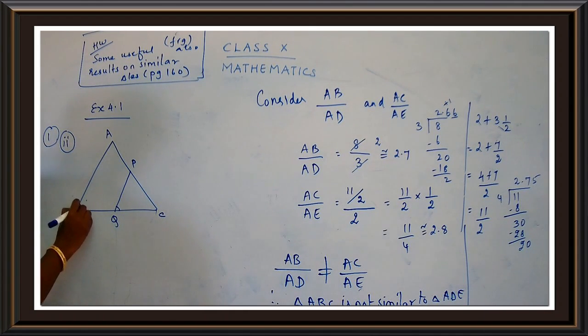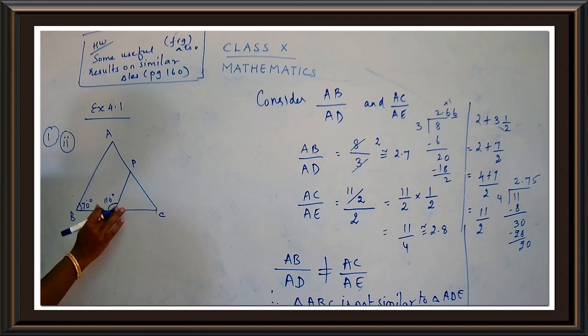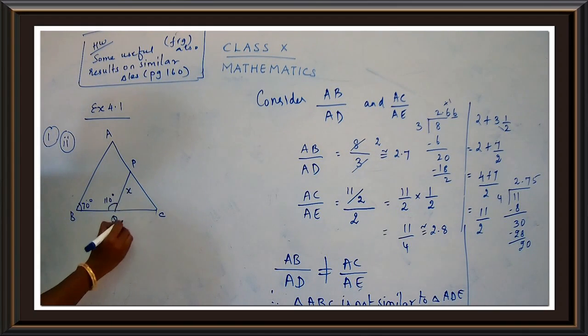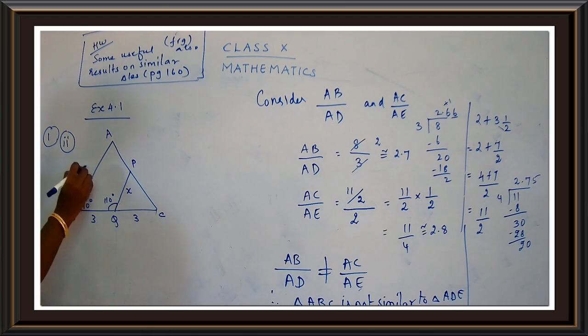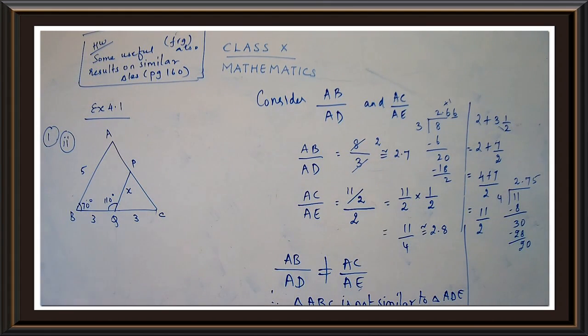Here they have given angle 70 degree. Here they have given an angle of 110 degree. This side they have not given anything. Okay, 110 degree. What else is given to you? X is given here. This is X, and this is 3. This is 3. This is 5. Okay. So we know this many details. Fill all the details, whatever is given to you.